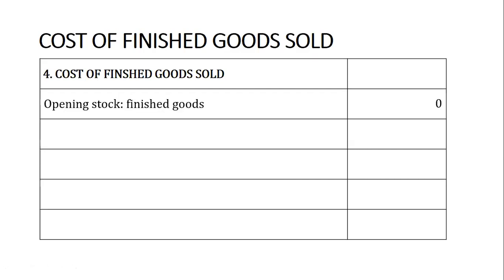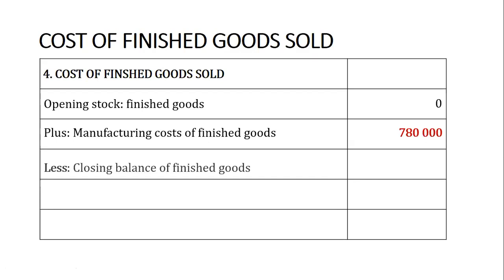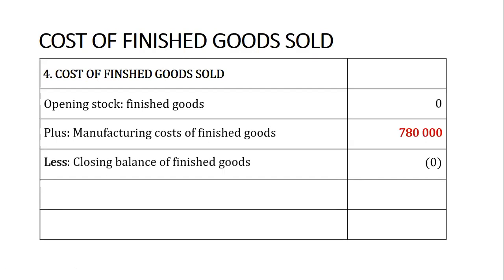In this question, it was not given to us. Then you add manufacturing cost of finished goods, which comes from the production cost statement. It will be 780. And then you minus closing value of your finished goods, and you'll be left with cost of finished goods sold, which is the same name as cost of sales. It will be 780,000. Any questions?